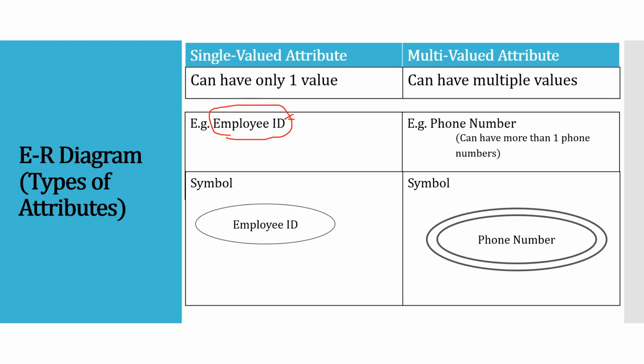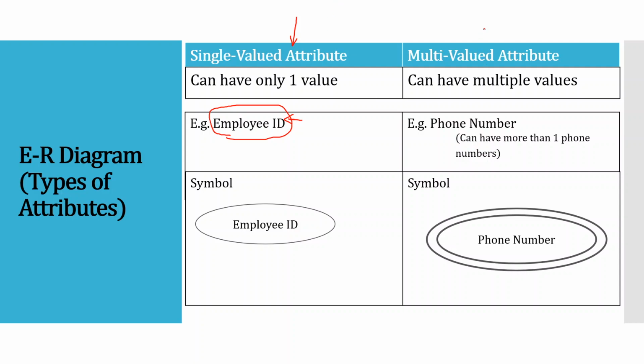There cannot be more than one ID for an employee. Similarly, there cannot be more than one enrollment number for a student. There cannot be more than one GR number for a student. So this is known as single valued attribute, where you have only one value for a particular attribute or a column or a property.